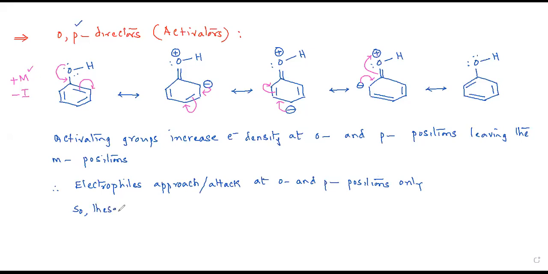So these are called ortho para directors. Hope this is clear. Electron density is increasing only at ortho and para positions.